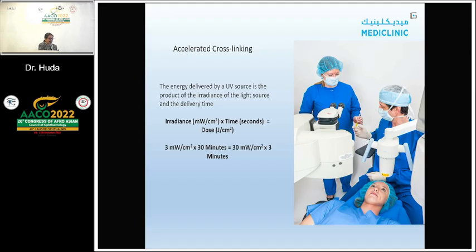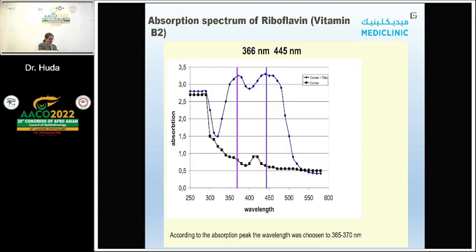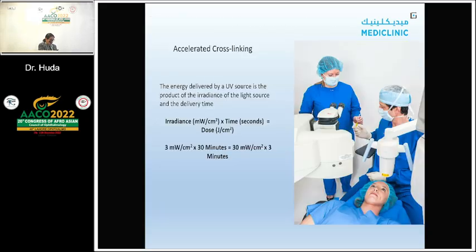Accelerated cross-linking depends on the equation: irradiance multiplied by time gives us the dose. So before, the power was 3 milliwatts; by 30 minutes, it gives us 5.4 joules. Nowadays, the power is 30 milliwatts, and the time ranges from 4 to 8 minutes, and we are delivering the same dose.